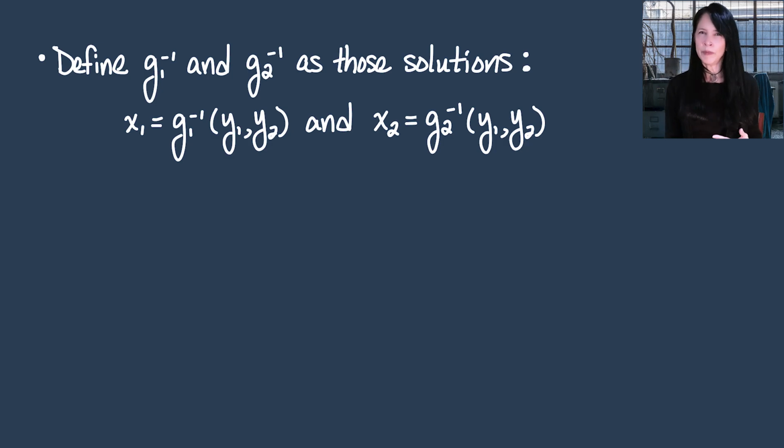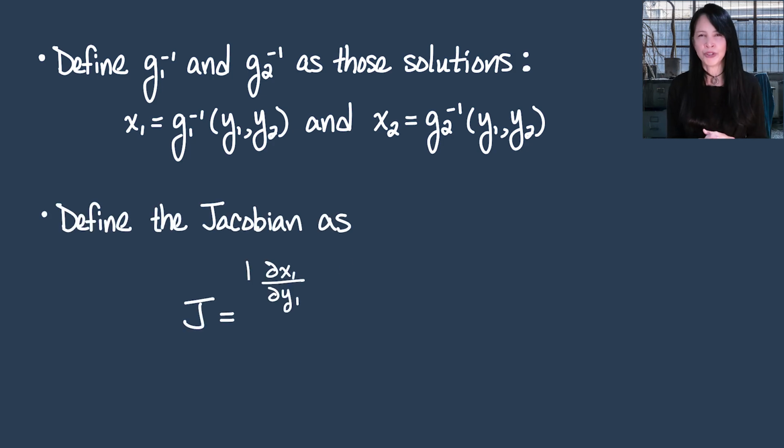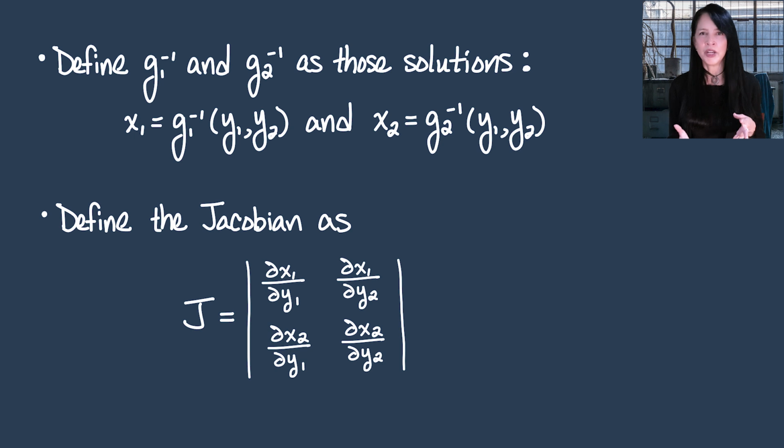Now, in the one-dimensional transformation, I did have a derivative of g inverse of y, and in two dimensions, this gets bumped up to be a Jacobian, which is a determinant of a matrix of partial derivatives. In particular, I'm going to call the Jacobian capital J. It's going to be a determinant of the partial derivative of x1 with respect to y1 going across the top row, the partial derivative of x1 with respect to y2, and then the bottom row similar, but starting with little x2.